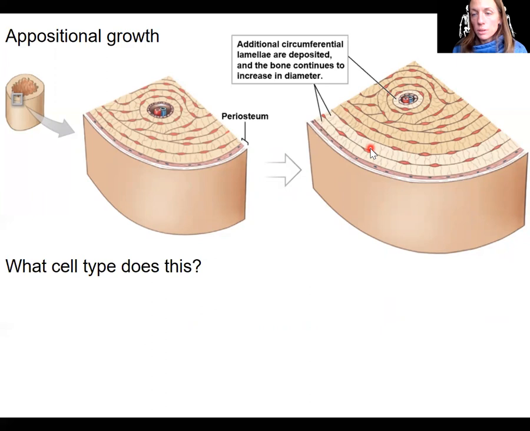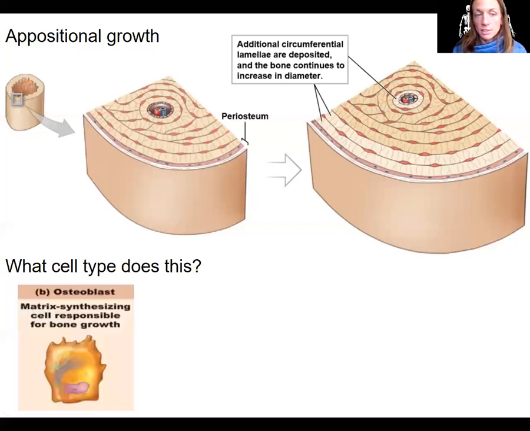And bones grow when the matrix is deposited faster than it's resorbed. This is going to be what type of cell? It's going to be osteoblasts. They're the ones producing this extra matrix on the outside. They produce collagen, a bunch of proteins, and allow for calcium to come in.